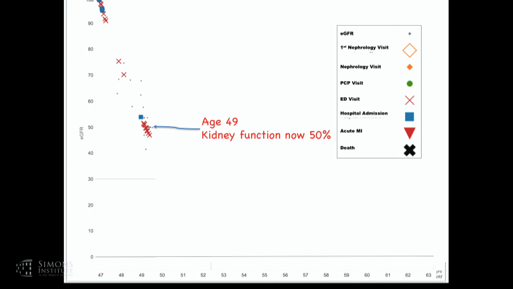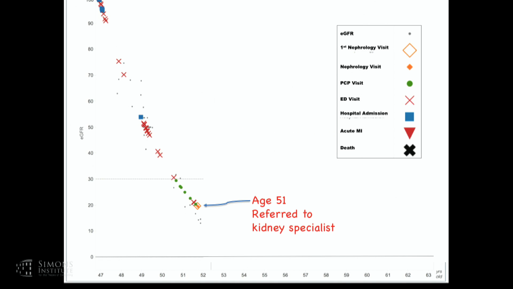At age 49, 2 years later, their kidney functioning is now 50% of what it should be. At age 51, 2 years after that, their kidney function is now under 20%, and for the first time they're referred to a kidney specialist.